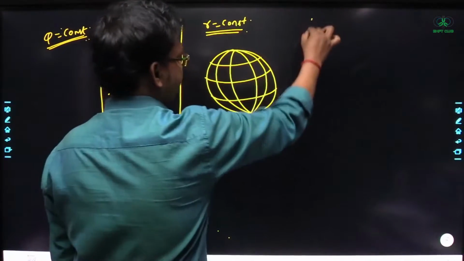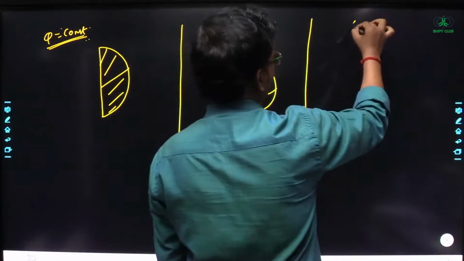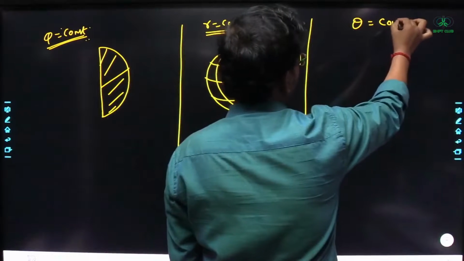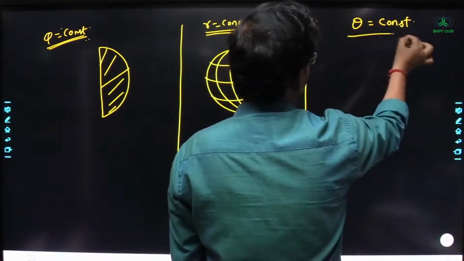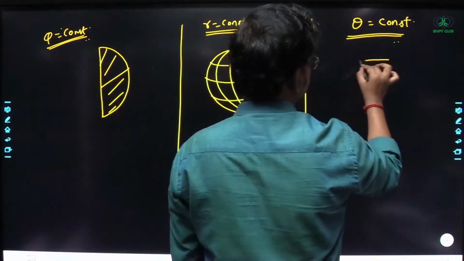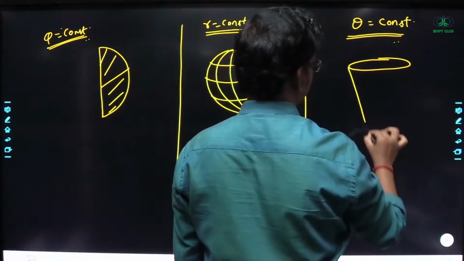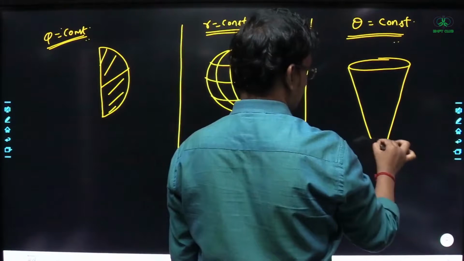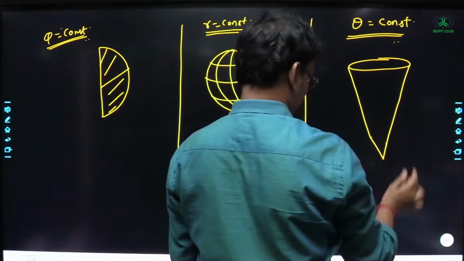Next, for theta equal to constant plane, we got the surface of a cone.